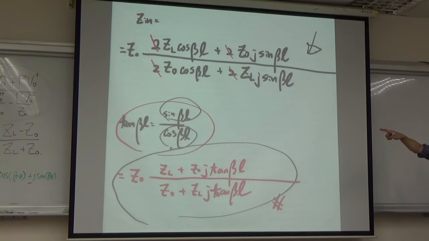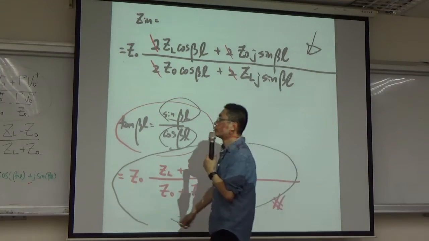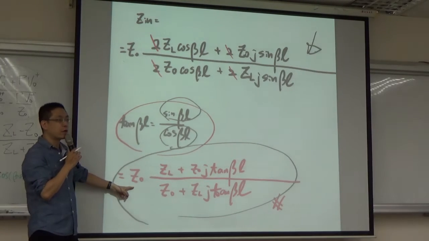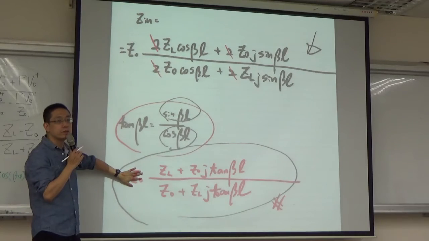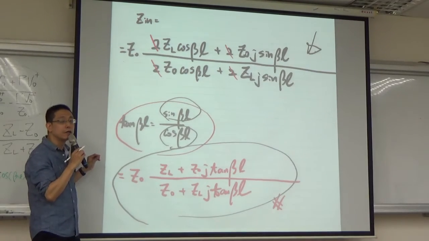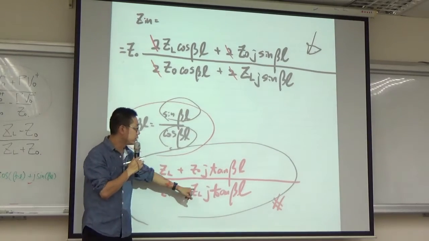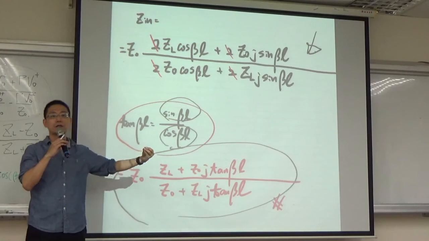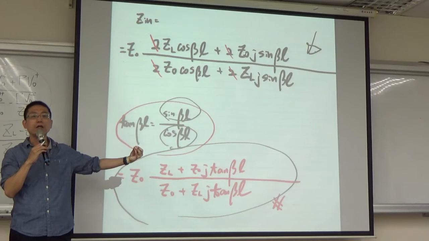There are many definitions and equations we use to derive the input impedance. At this point, your input impedance will be dependent on the characteristic impedance of your transmission line and the load you connected, and also beta L, the propagation constant of the transmission line and the length of the transmission line.